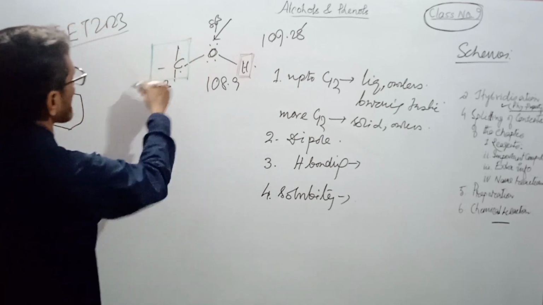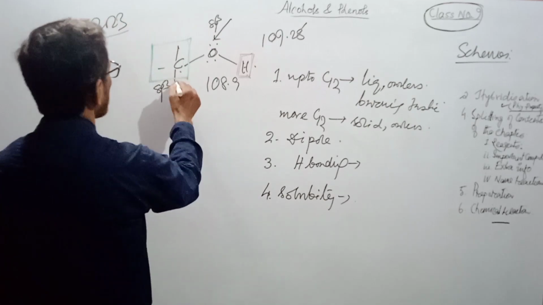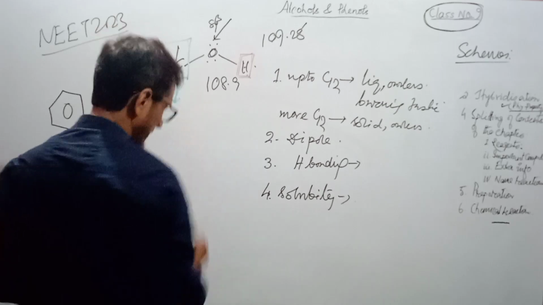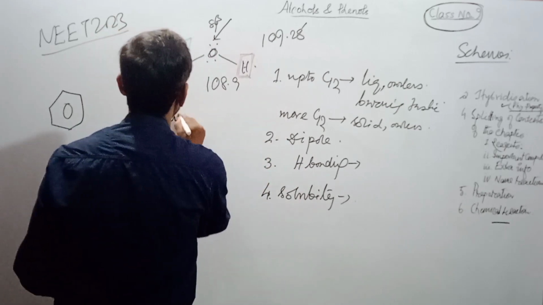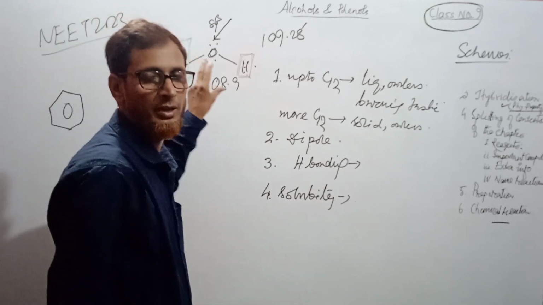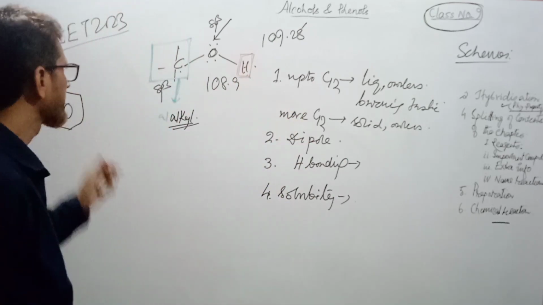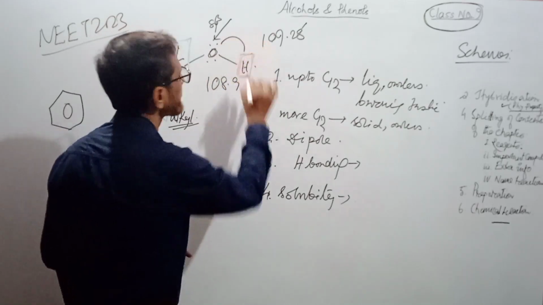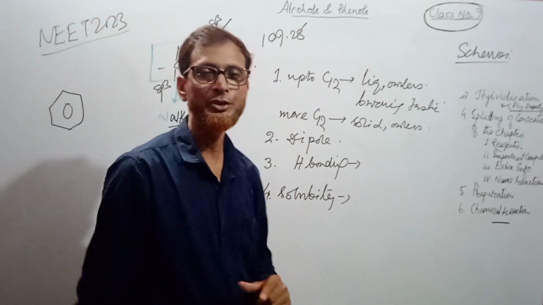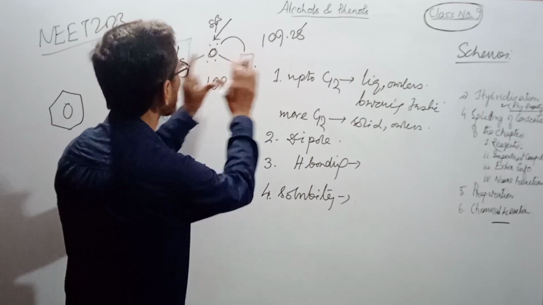It may extend a lot, carbon, carbon, carbon, carbon, and there is OH and H. Due to the presence of this alkyl part, it makes the compound less soluble in water, and due to the presence of this, it makes it soluble in water due to intermolecular hydrogen bonding. So there is a tug of war between these two. One part decreases solubility, the other part increases solubility.